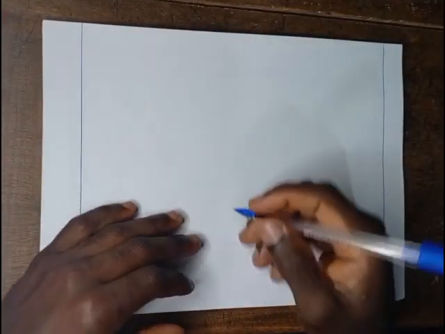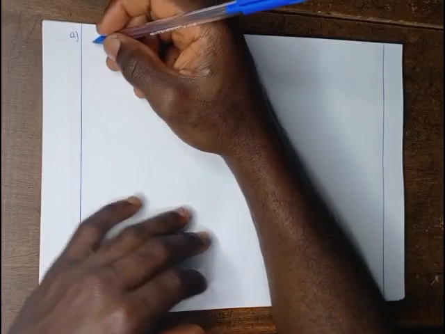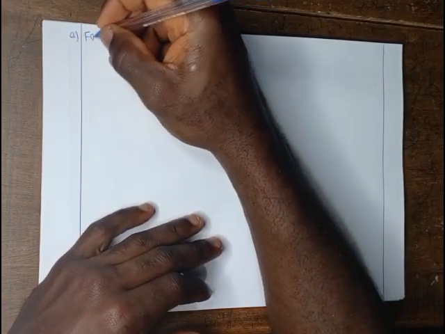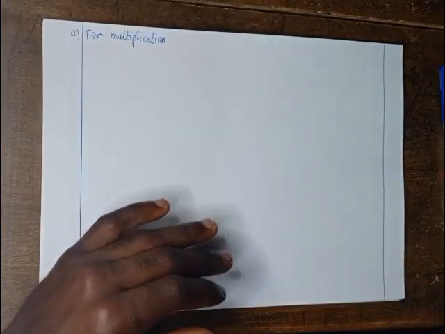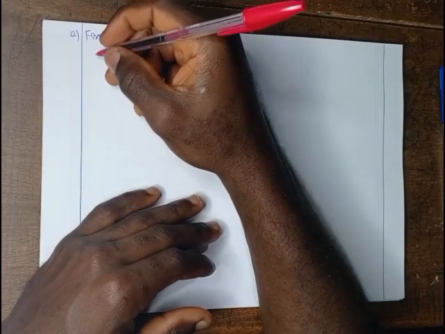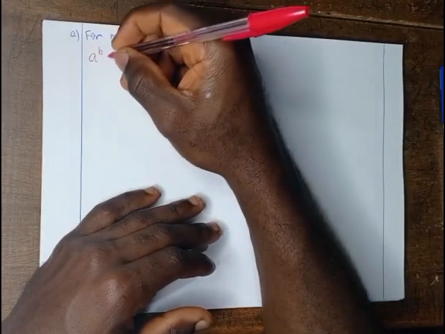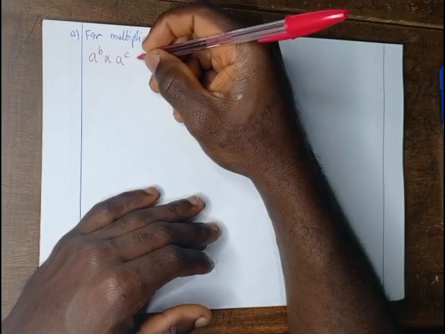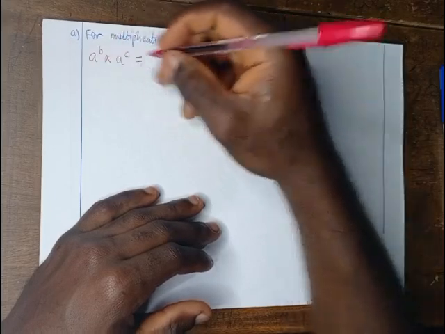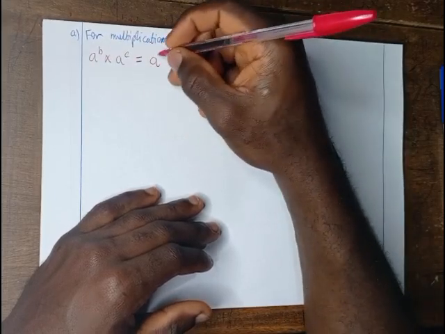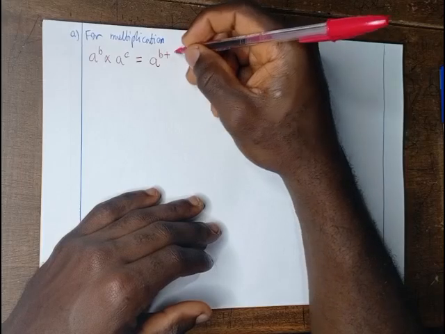Take the first one, small a, for multiplication of a raised to the power b times a raised to the power c. We are simply going to add the powers. We maintain the base a, we add the powers b plus c.